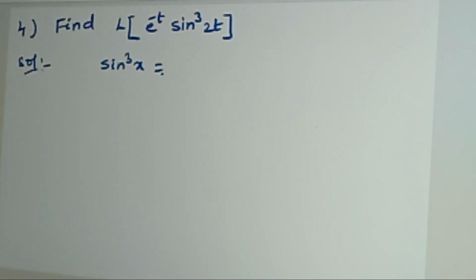Now let me take the example as find Laplace of e raised to minus t. Now the function of t is given as sine cube 2t. Once again, we have to use trigonometric formula to solve this particular sum. Okay. Sine cube x का formula क्या है students? Sine cube x का formula है 3 sin x minus sin 3x upon 4.